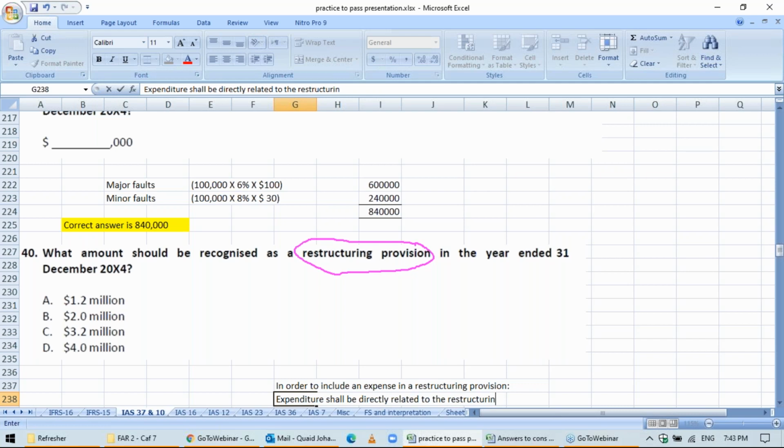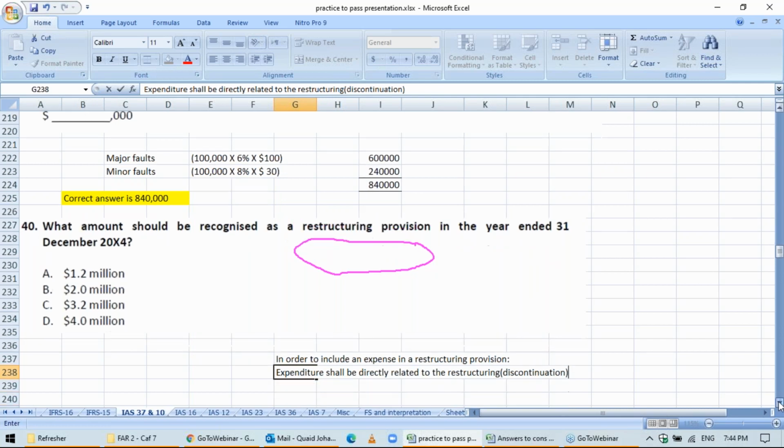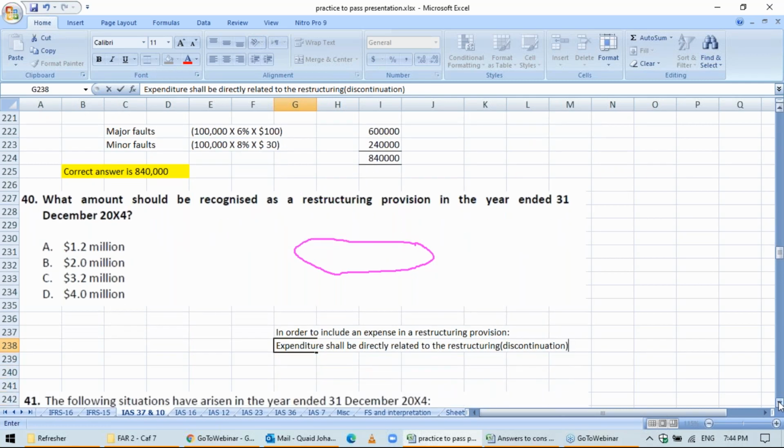For your convenience, I will use the words connected to discontinuation. Usually in restructuring, there will be a discontinuation. Like if they are switching a branch, they will be discontinuing one branch and going on to another.